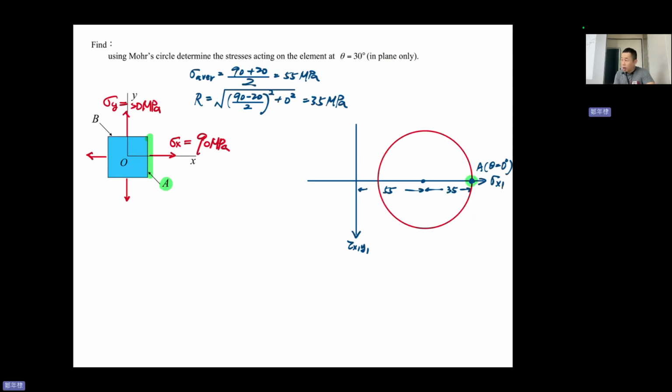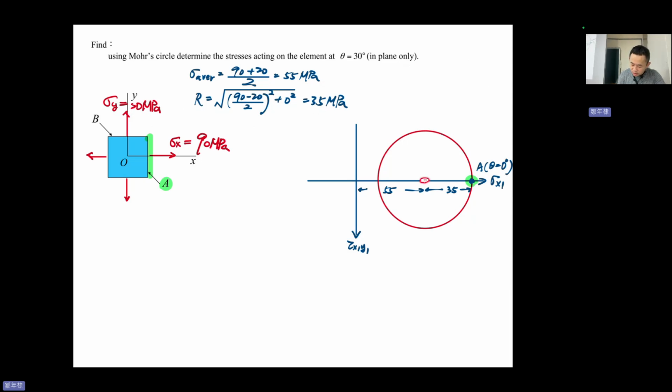And then this is the example where I stopped yesterday, okay? So we set the downward positive tau x1y1 axis and the sigma x1 positive to the right axis, and this is the problem itself. It tells us sigma x equals positive 90 megapascal, and sigma y is positive 20 megapascal, so sigma average will be 55 and R is 35.